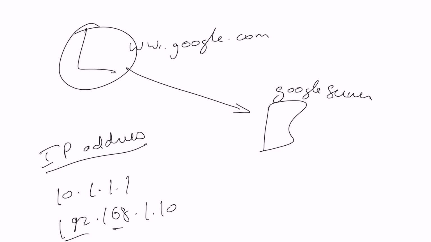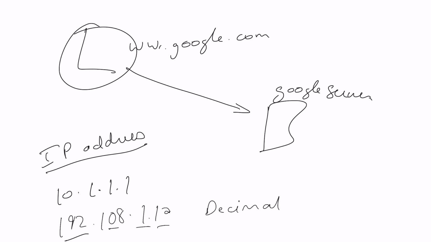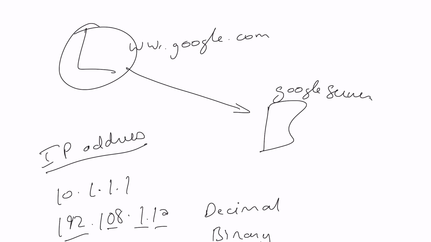It has basically four octets which we see, and these four octets cumulatively create an IP address, right? Now, one thing you need to remember is that although these IP addresses may seem decimal, they are not decimal actually. They are binary numbers. This is for our convenience.